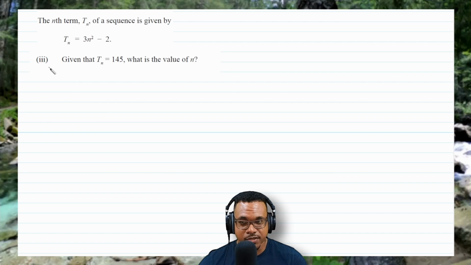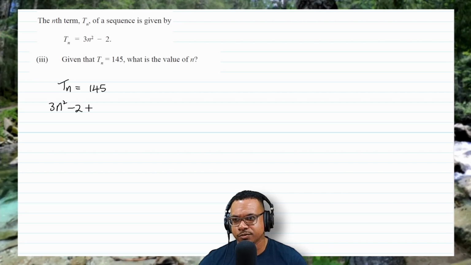Now for part 3 of this question, given that Tn is equal to 145, what is the value of n? So just take the formula for Tn, put it equal to 145, and solve for n. So I'll have Tn is equal to 145, and Tn is equal to 3n squared, take away 2. That'll be equal to 145. Transfer the negative 2 across the equal sign, it will turn to positive 2.